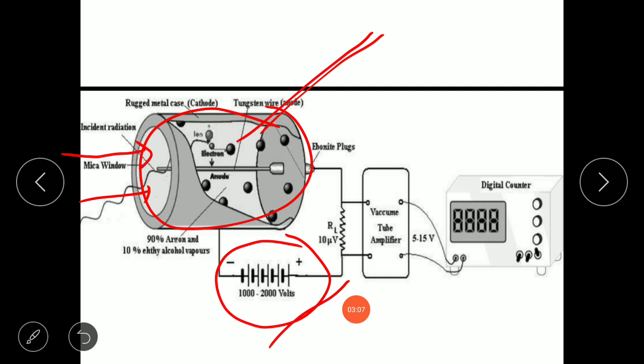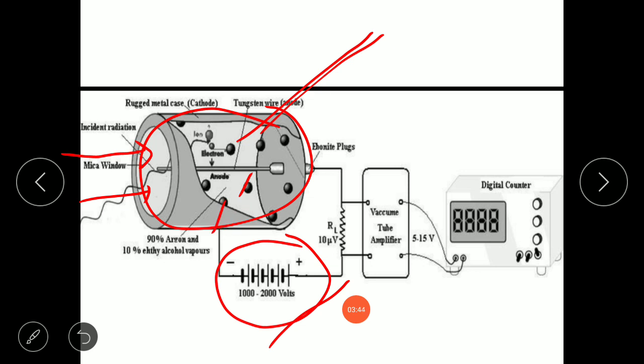So they will ionize the gas atoms. Since the anode is connected to the positive terminal of the battery and the cathode to the negative terminal, the negative ions get attracted to the anode and the positive ions get attracted to the cathode.